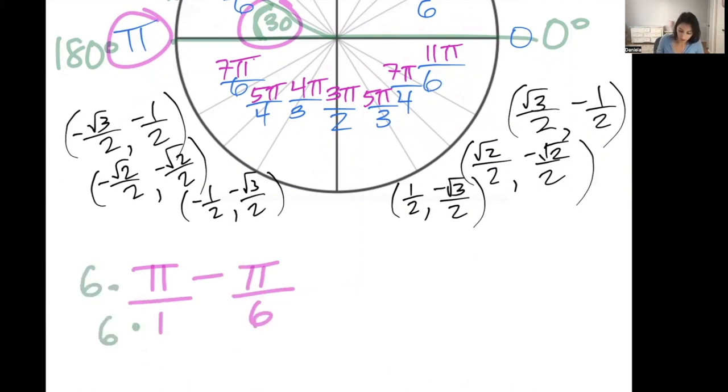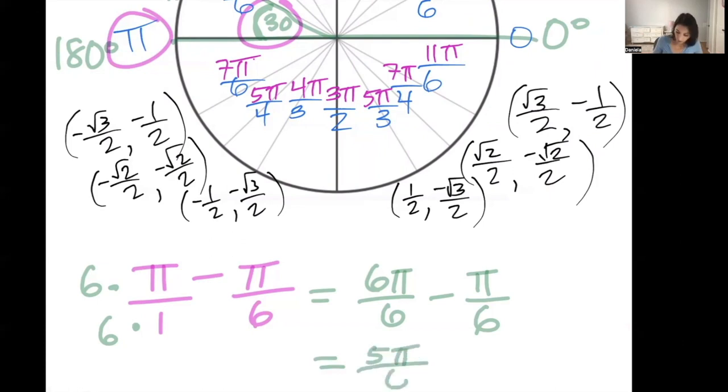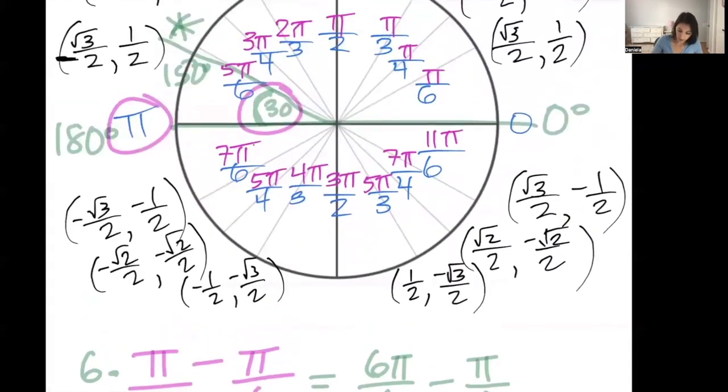So if you multiply both of those by 6, 6 times pi is 6 pi, 6 times 1 is 6. Drop down the minus pi over 6. Now we have common denominators. What happens if we have common denominators? You just combine the numerators. So 6 pi minus 1 pi, surprise, surprise, that would be 5 pi over 6, and we already knew that's what it was.